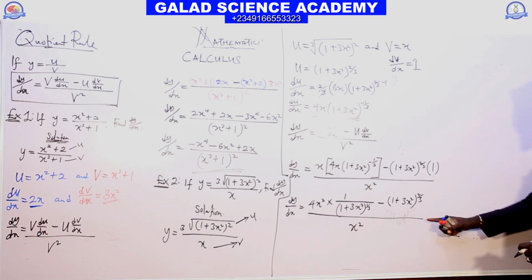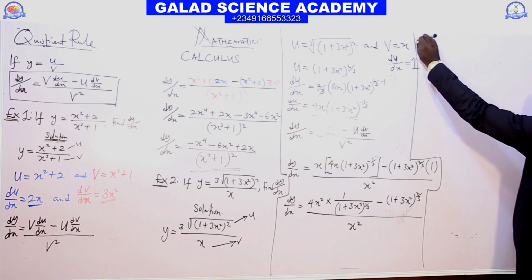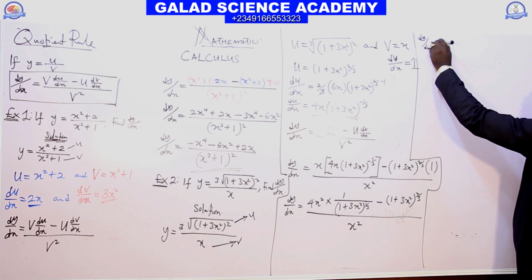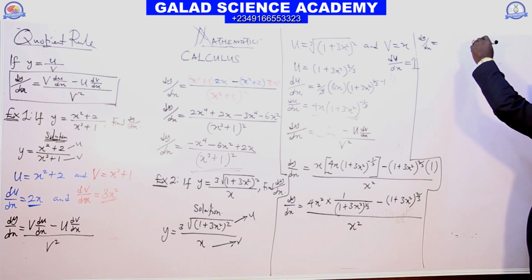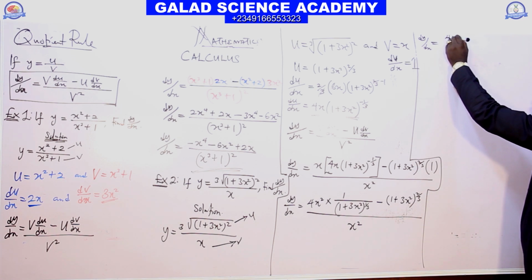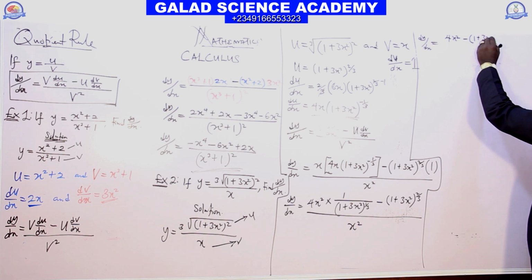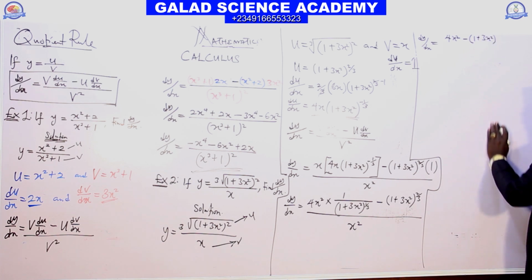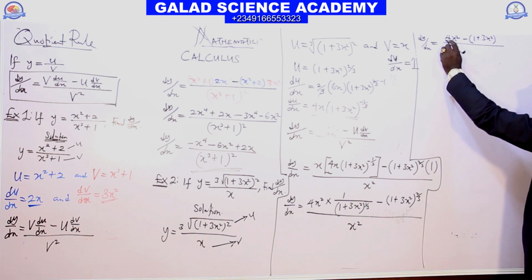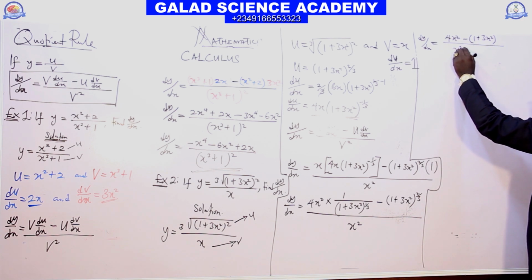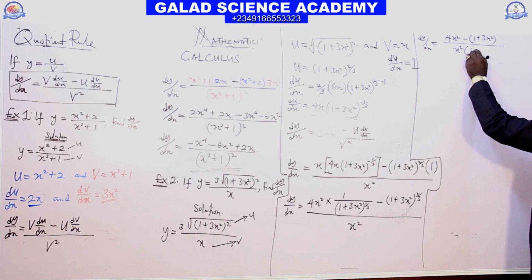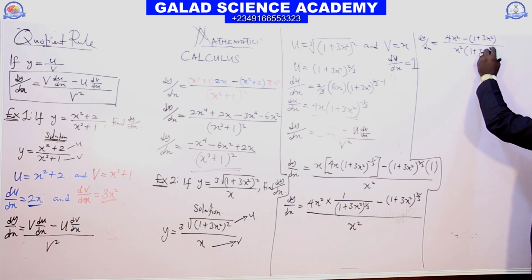The next thing now is we will find the LCM here. dy/dx will be 4x squared minus 1 plus 3x squared, everything over x squared into the bracket 1 plus 3x squared, everything to the power 1 over 3.